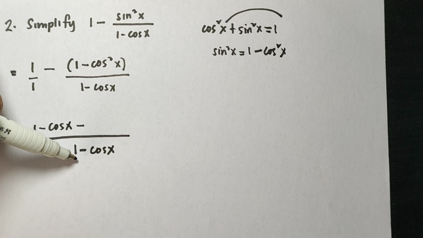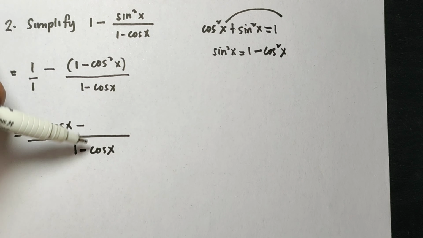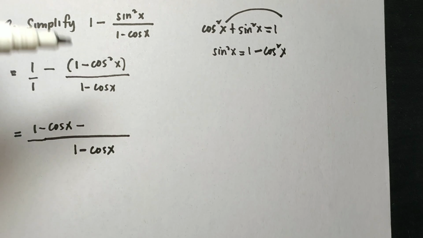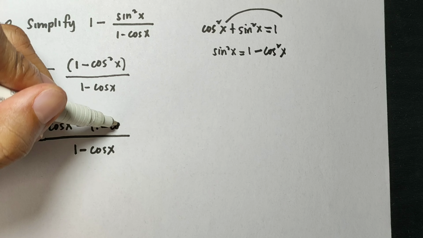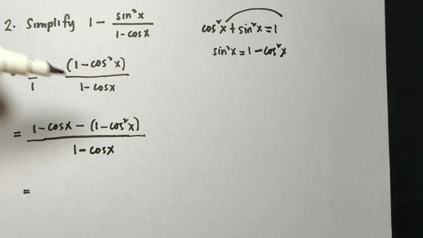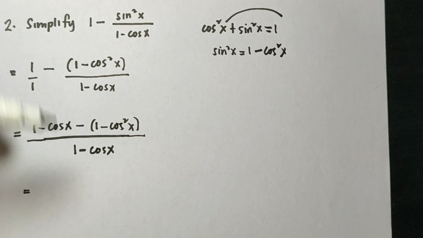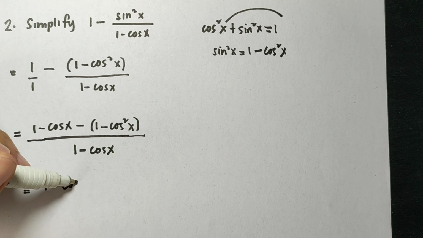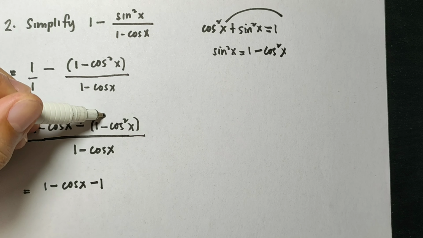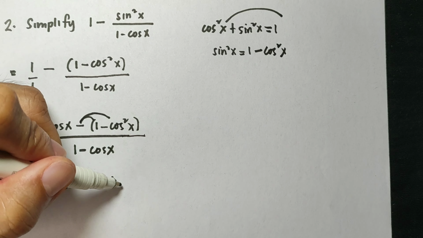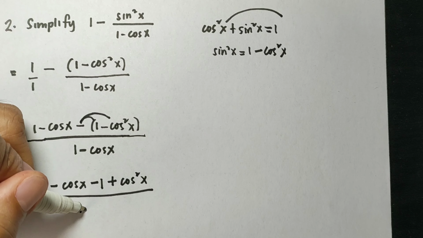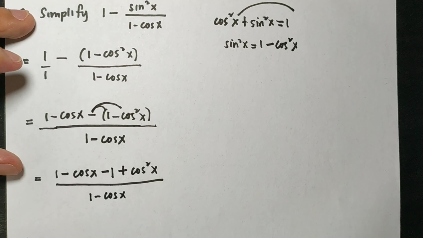Then 1 minus cosine x divided by 1 minus cosine x, that is 1, times 1 minus cosine square x is 1 minus cosine square x. And then let us simplify by removing the parentheses. So just bring down 1 minus cosine x. Negative times positive 1 is negative 1. Negative times negative cosine square x is positive cosine square x, all over the 1 minus cosine x.